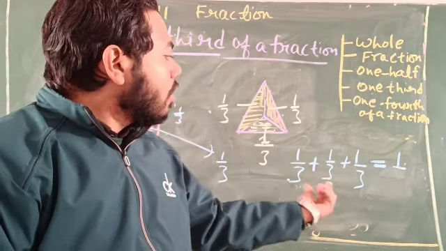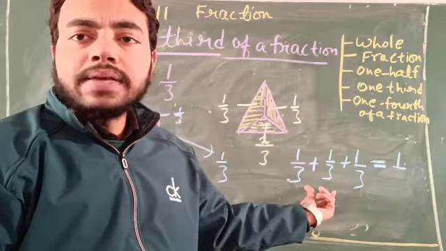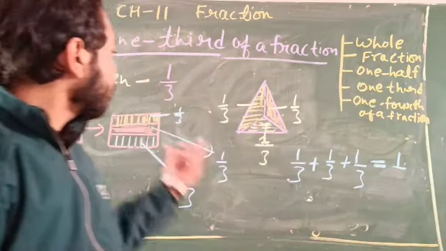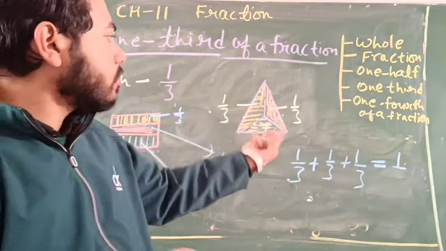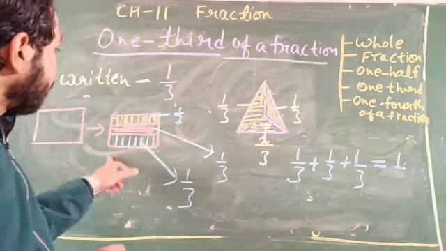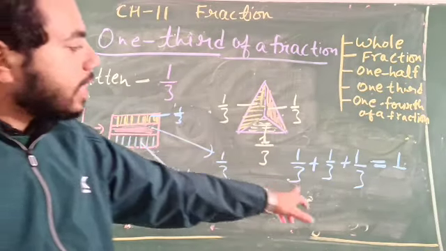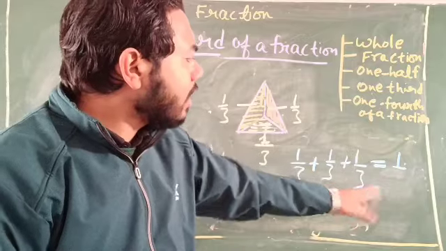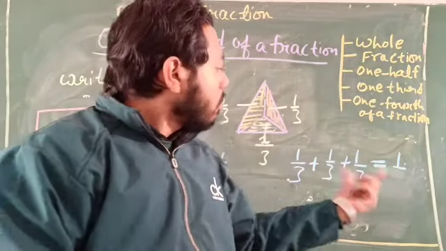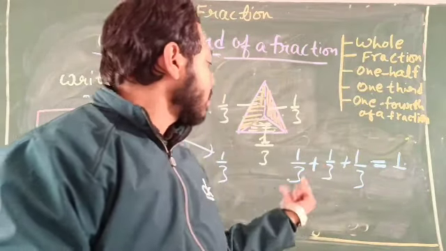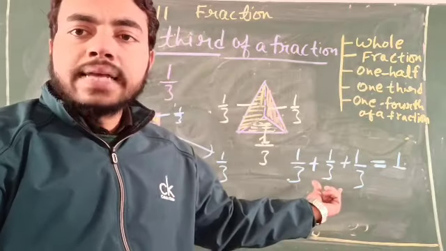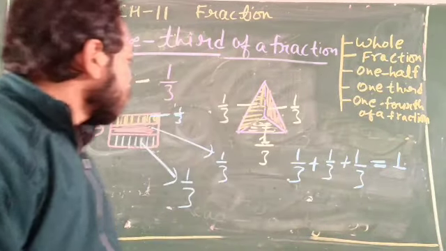First we will try to understand by figure, and then we will try to understand numerically, that when we add 1 third 3 times, we get 1.